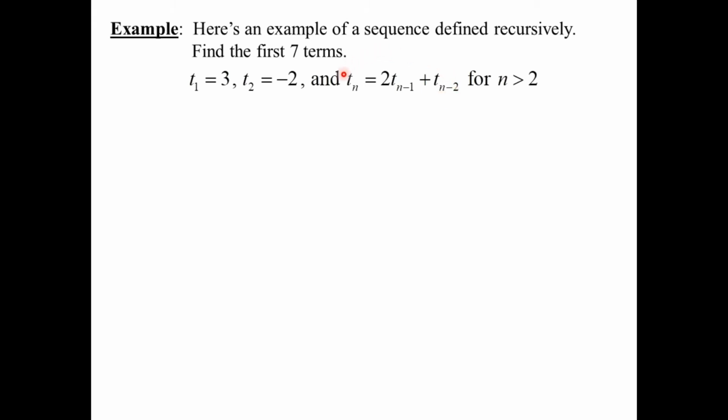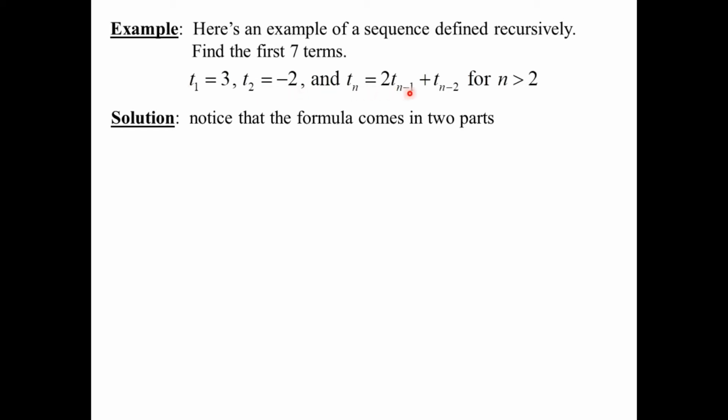So if you could make up a little kind of mantra in your imagination that says each term is 2 times the previous term plus the one that came before that, then you're ready to list these terms. I'd like you to notice that this formula comes in 2 parts.